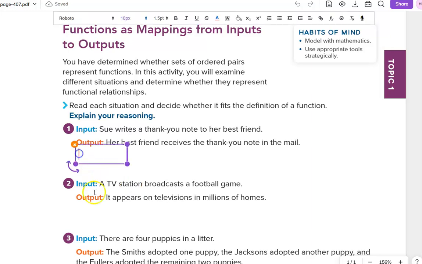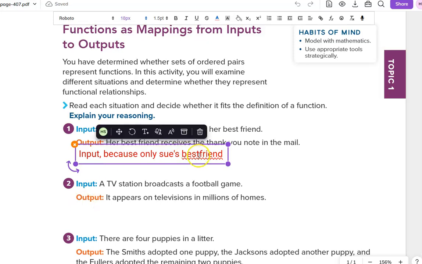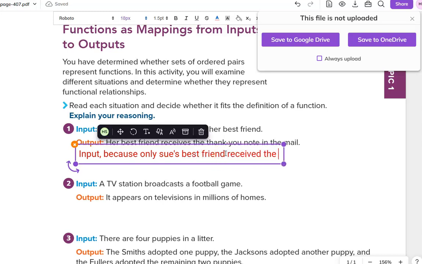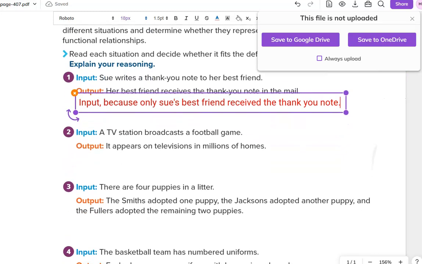So we would say this is a function because only Sue's best friend received the thank you note. Or we could say only 1 person received the thank you note.